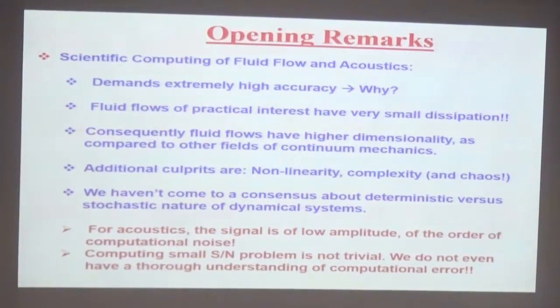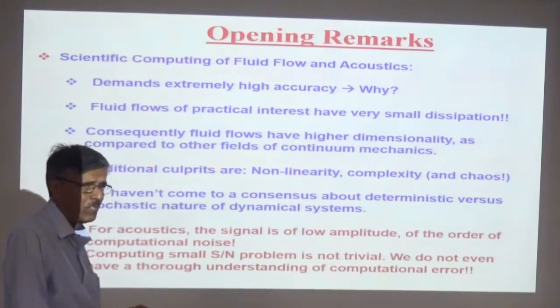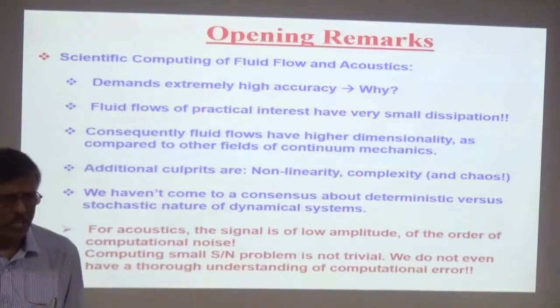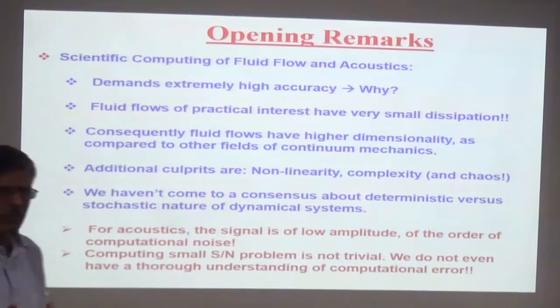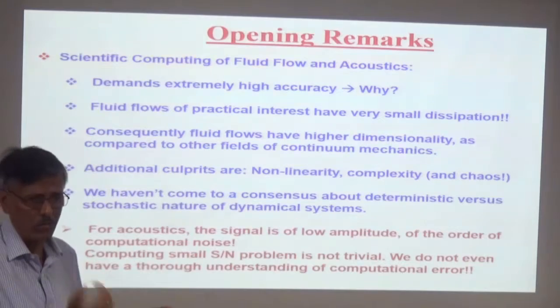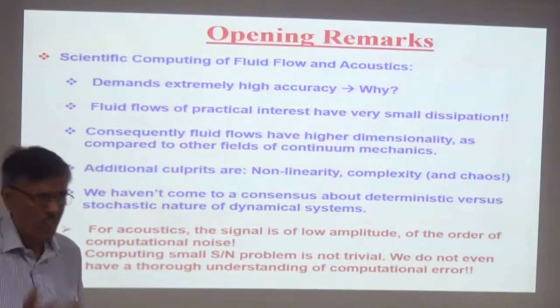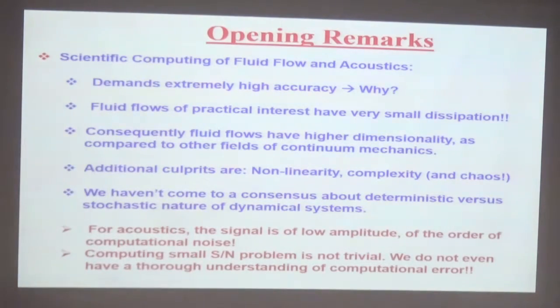If you compare computational fluid dynamics with computational structural dynamics, the answer is very apparent. For structural dynamics, the coefficient of friction or dissipation is of the order of 10 to the power minus 2, even if we are talking about rolling friction, right? Static friction is 10 times more.